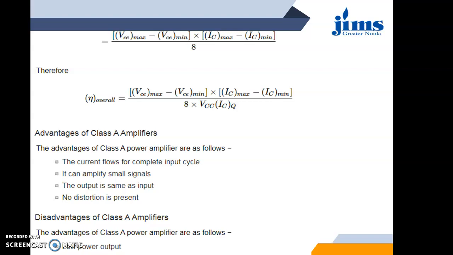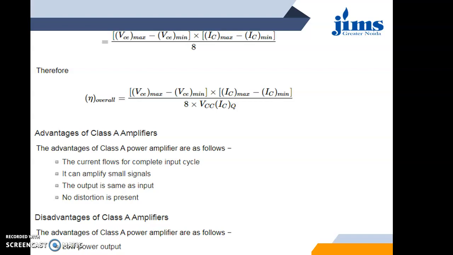And now for the Class A power amplifier with resistive load, we will put in the values of VCE max, VCE min, IC max, IC min, and we will get a definite value of power conversion efficiency. Before we get that value, we should consider the various advantages and disadvantages of the Class A power amplifier. The advantages are that the current flows for the full cycle.